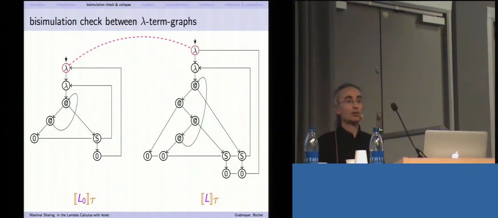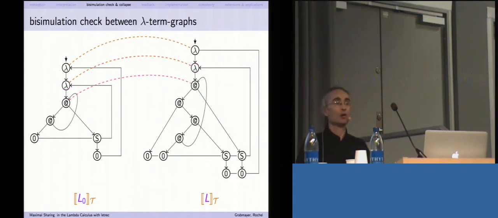Relating the roots actually gives an obligation which has to be met. It has to be met by creating an edge that relates the successors, which creates a new obligation which has to be met. Now we have an obligation to meet two vertices that are labeled with application symbols.